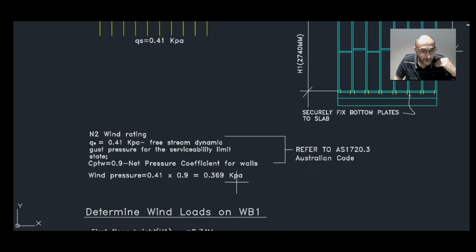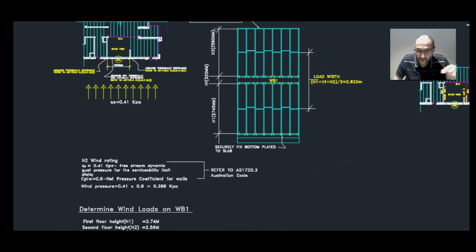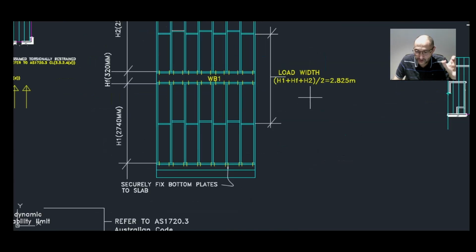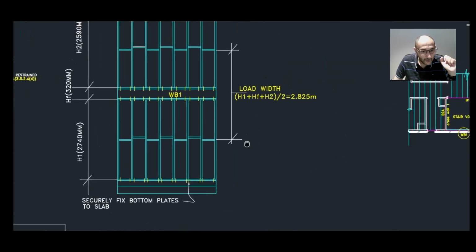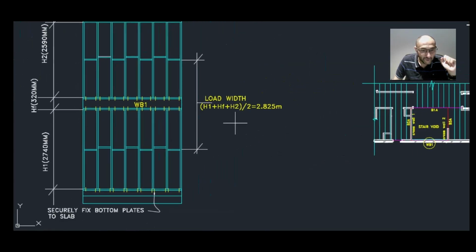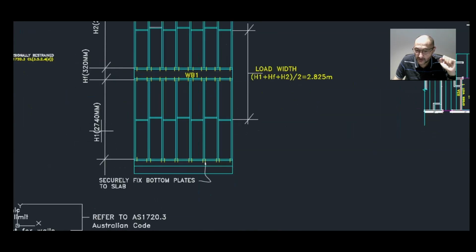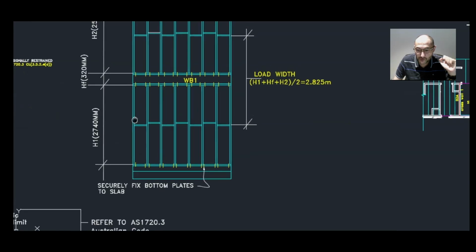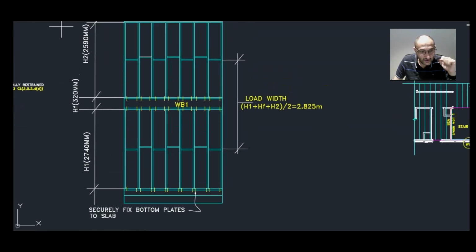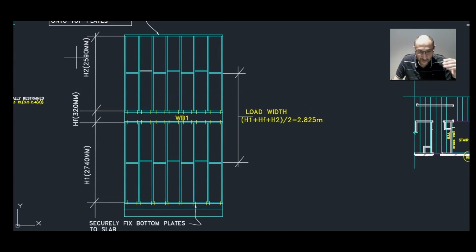Now we need to determine the effective load width, which is taken by the wind beam. So we have H1, which is the ground floor height, 2740. The floor height is 320 millimeters, and H2, which is the second floor height, is 2590.